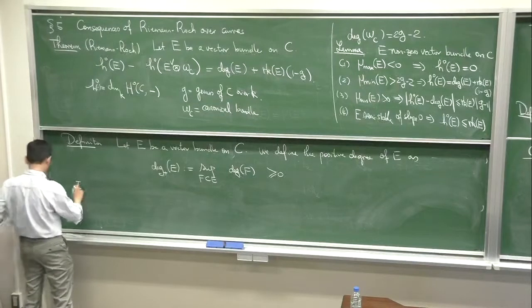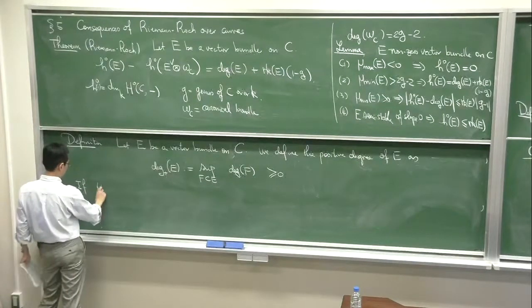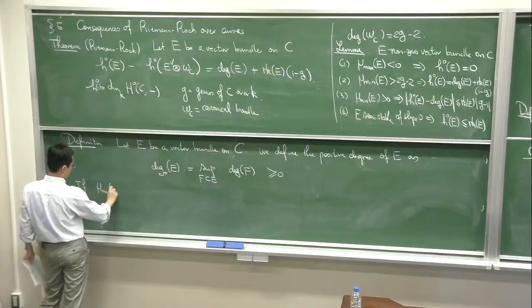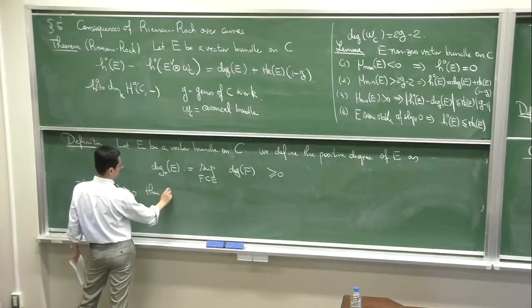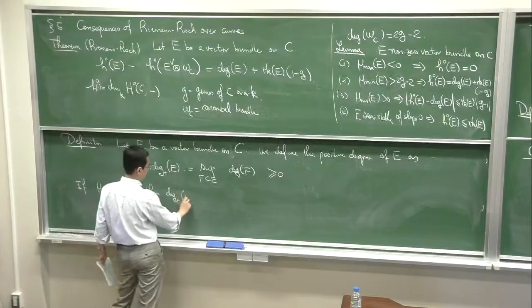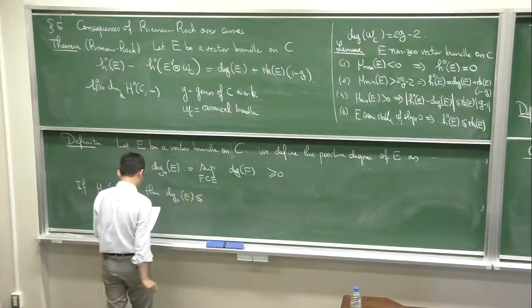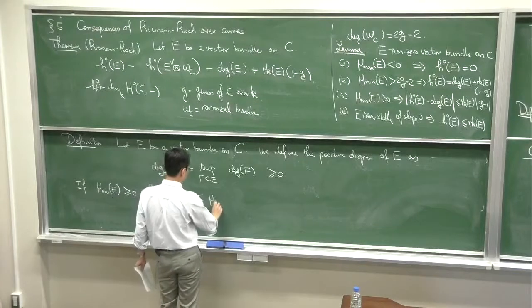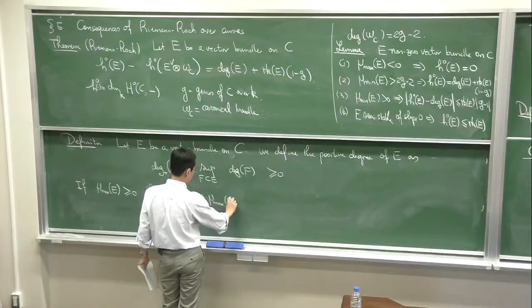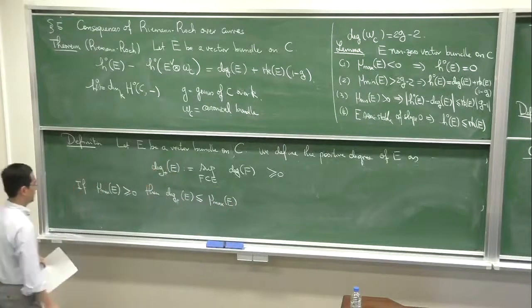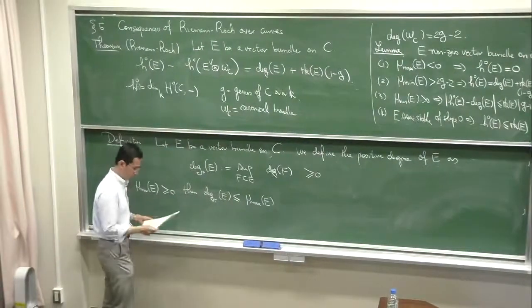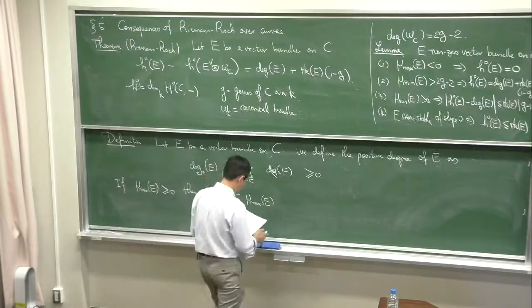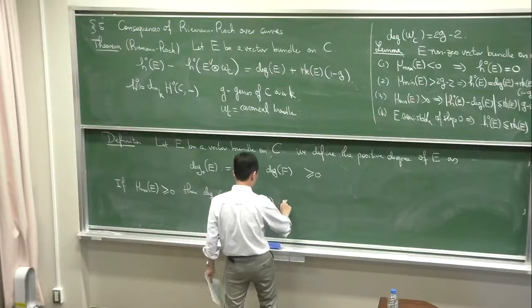Of course, if mu max of E is non-negative, then you have some comparison. Degree plus of E is bounded from above by mu max of E, and I need to multiply it by the rank.